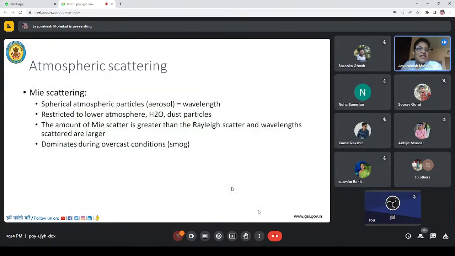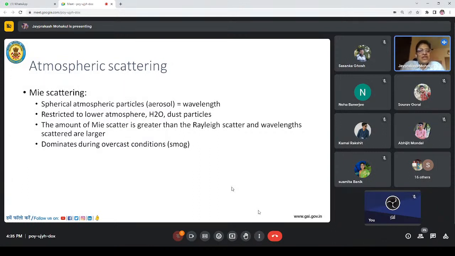The next one is Mie scattering. Mie scattering takes place basically due to atmospheric particles, when the wavelength of light is more or less the same as the particle size, right?